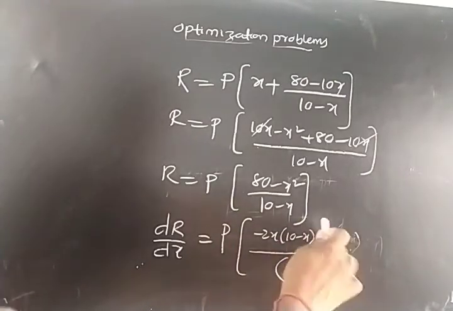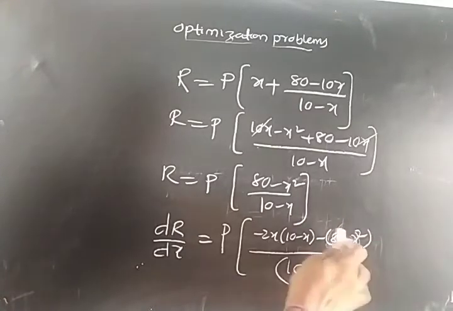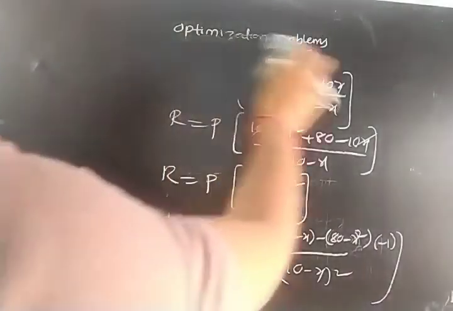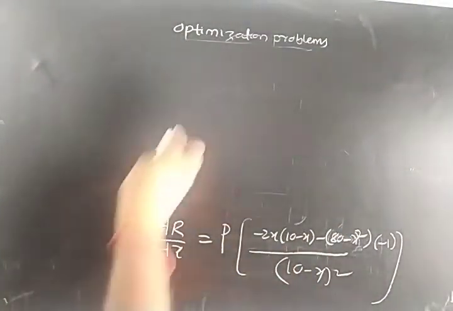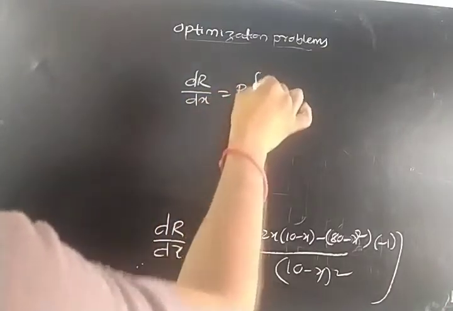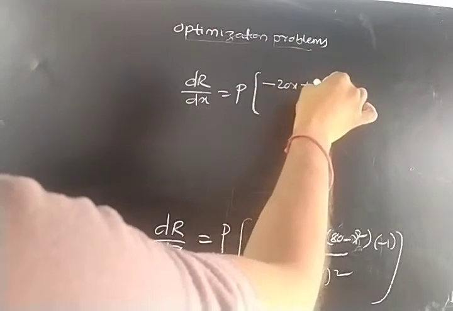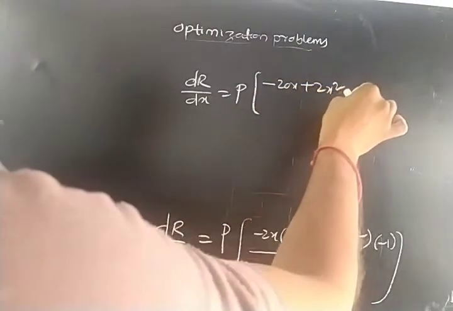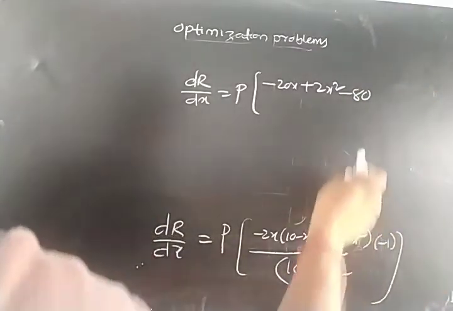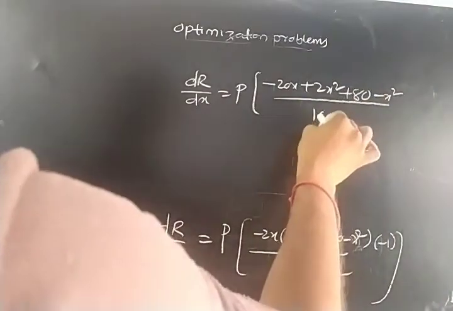Now leave the numerator, 80 minus x square, denominator derivative minus 1. By simplifying it, dR by dx, P into minus 20x plus 2x square minus 80, minus into minus here plus, so plus 80 minus x square by 10 minus x whole square.